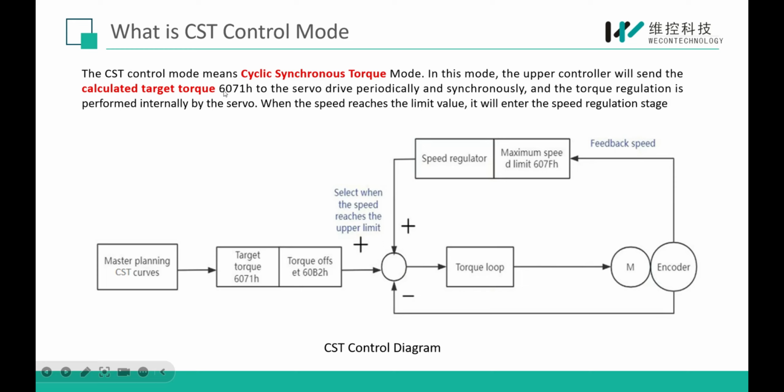The object dictionary of this target torque is 6071, and then our servo will perform according to the target torque. When the speed reaches the limited value, the speed will be limited and kept at our limited value.